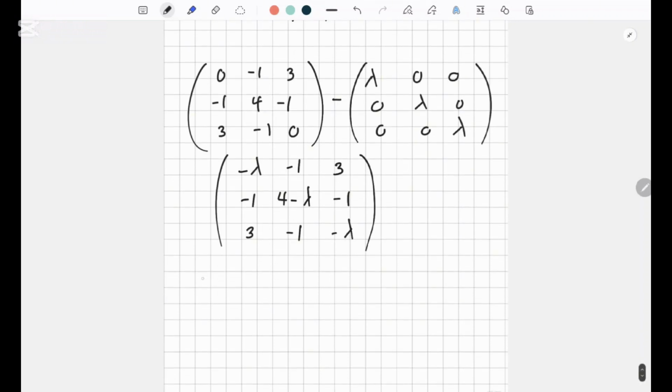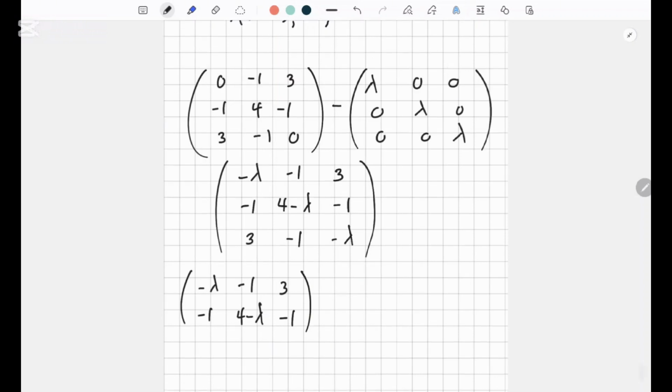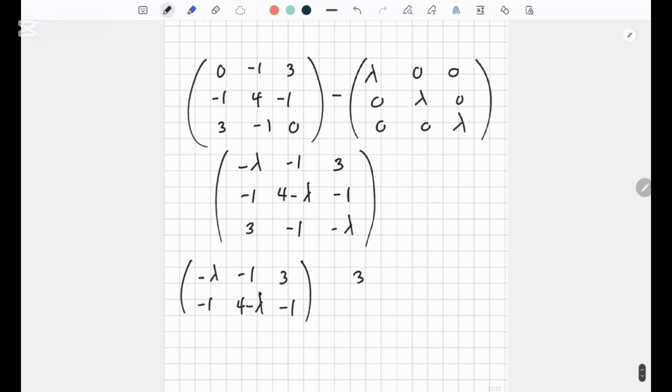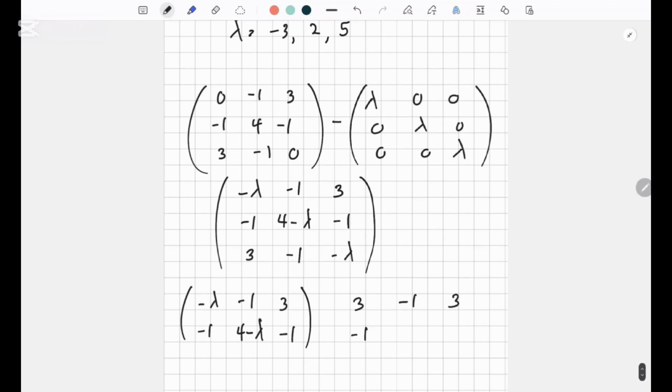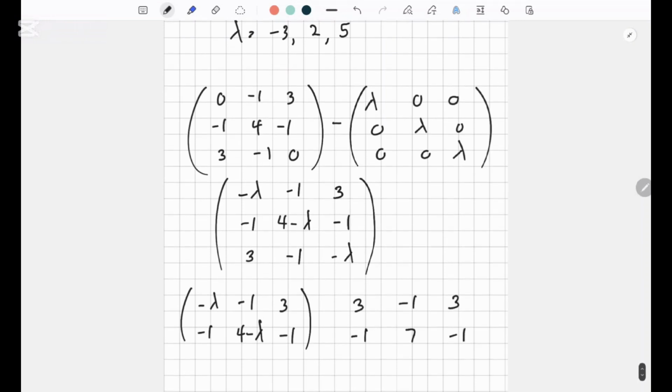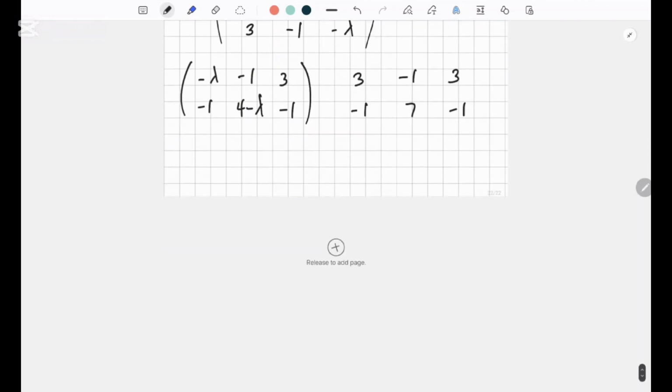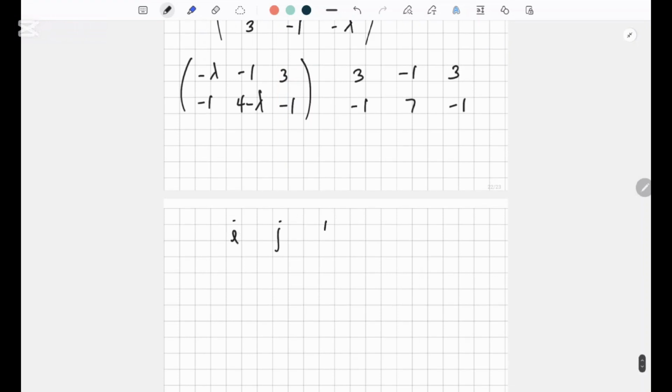So instead of writing all 3 rows, I will write the first 2 rows. So minus lambda, minus 1, 3, minus 1, 4 minus lambda, and minus 1. So here it is. So you substitute minus 3, giving you 3, minus 1, 3, minus 1, 4 minus 3, 7, minus 1. So what you do is you write i, j, k, 3, minus 1, 3, minus 1, 7, minus 1.